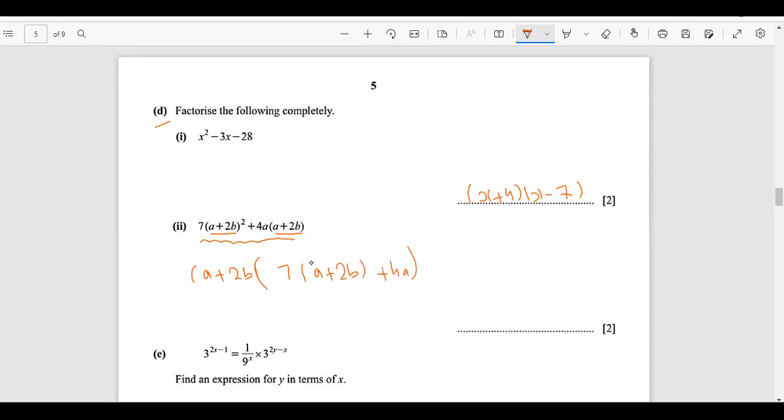So I can just simplify this part, and this would give me a plus 2b as the first factor and the second one would be 7a plus 14b plus 4a, and this would become a plus 2b and 7a plus 11a plus 14b.